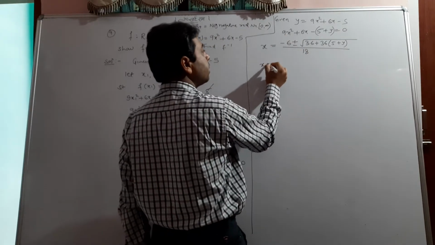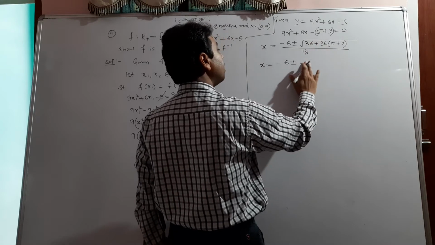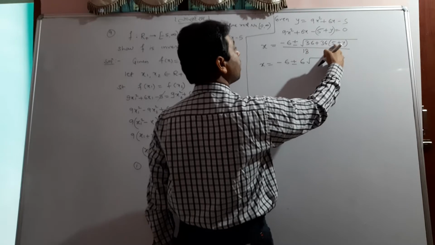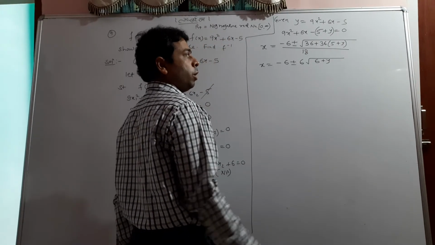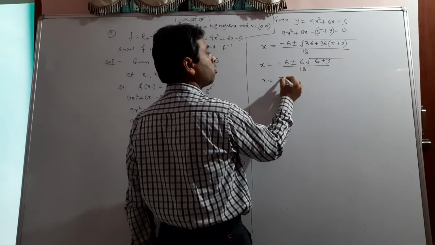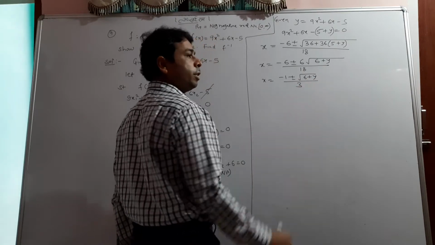Now x is equal to minus 6 plus minus square root of 36 plus 36, take out common, so 36 will come out as 6. So what remains here? 1 plus 5 plus y, meaning 6 plus y, upon 18. So 6 will take out common, 6 plus y upon 6 times 3 is 18.